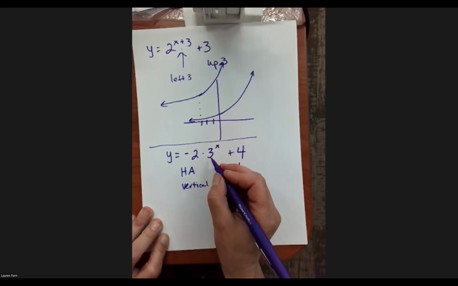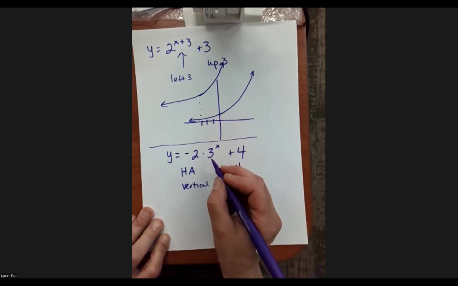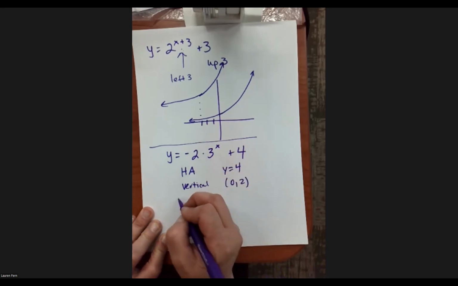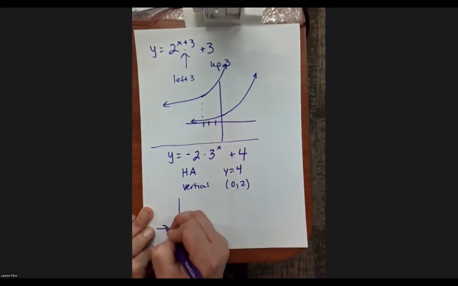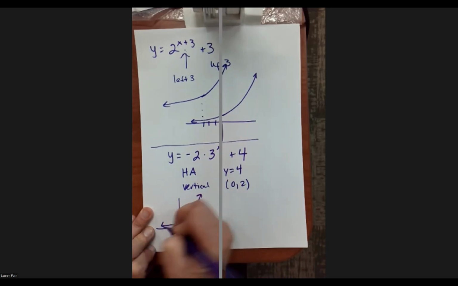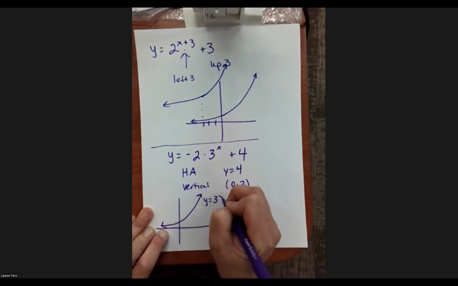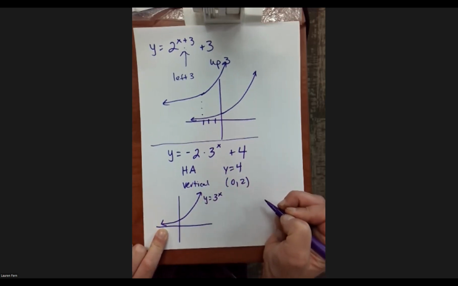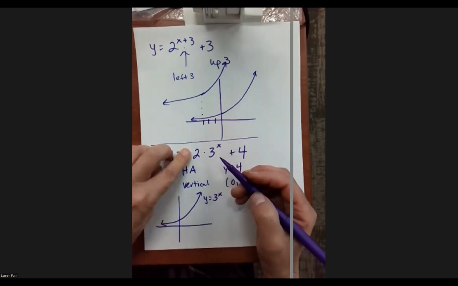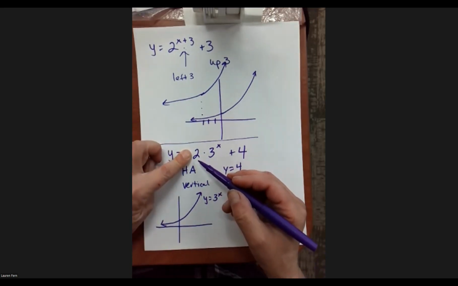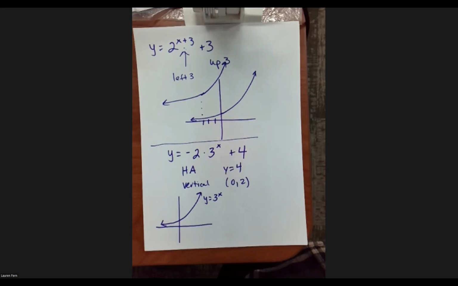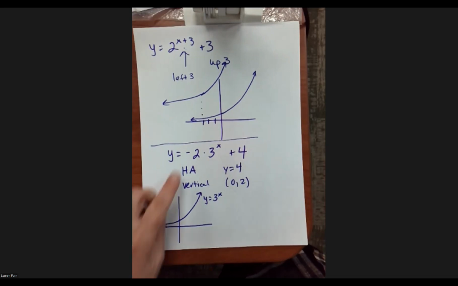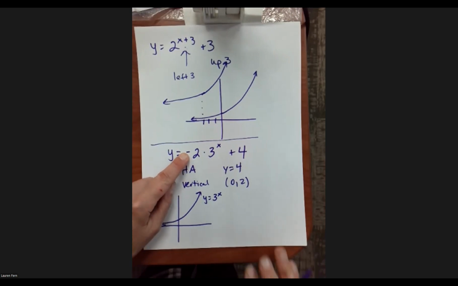But again, if we want to think of it just very loosely, we're starting with the graph of 3 to the x, which looks mysteriously like 2 to the x. If I multiply it by 2, doesn't that vertically stretch it by a factor of 2? But then the negative tells me what?